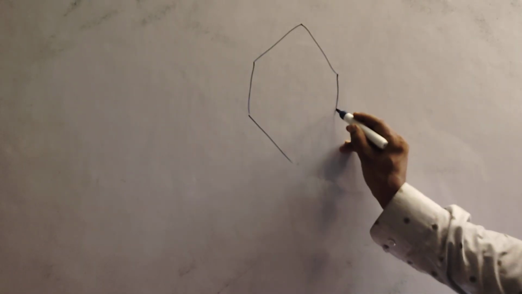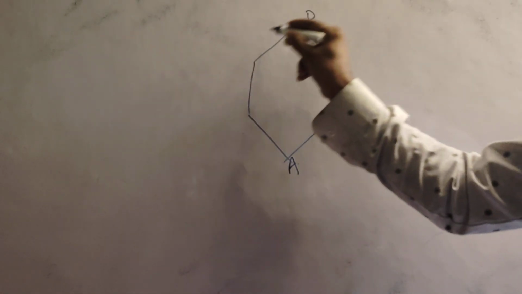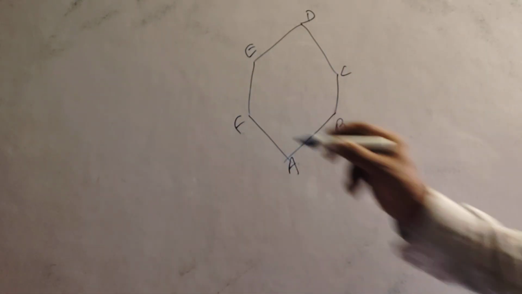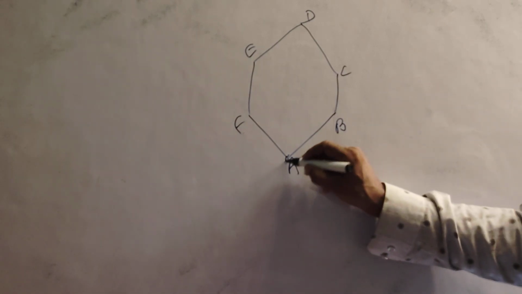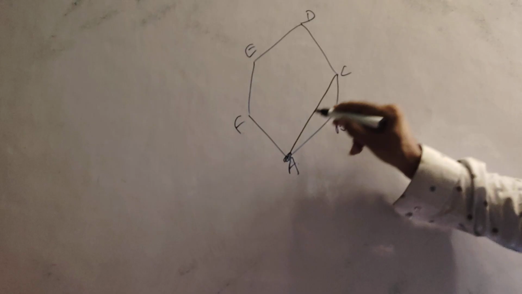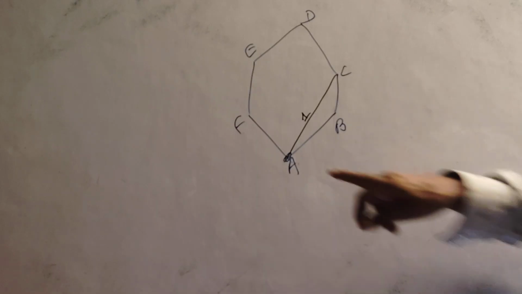The names are A, B, C, D, E, F for the hexagon. Now count the number of diagonals from vertex A. So A and C is the first diagonal. What is the second diagonal from A?